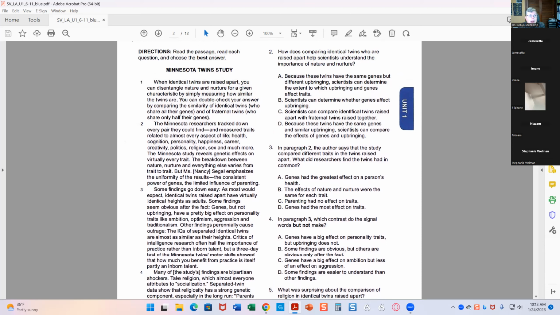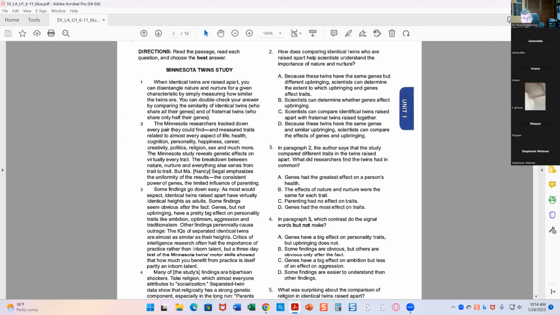All right, so how does comparing identical twins who are raised apart help scientists understand the importance of nature and nurture? Is it because twins have the same genes but different upbringings, and scientists can determine the extent to which upbringing and genes affect traits?